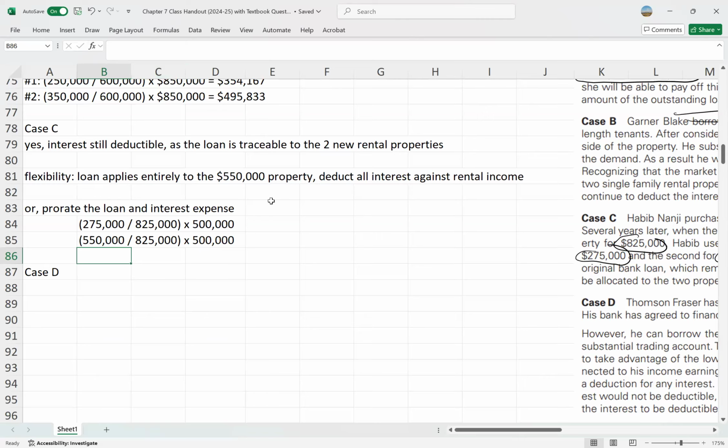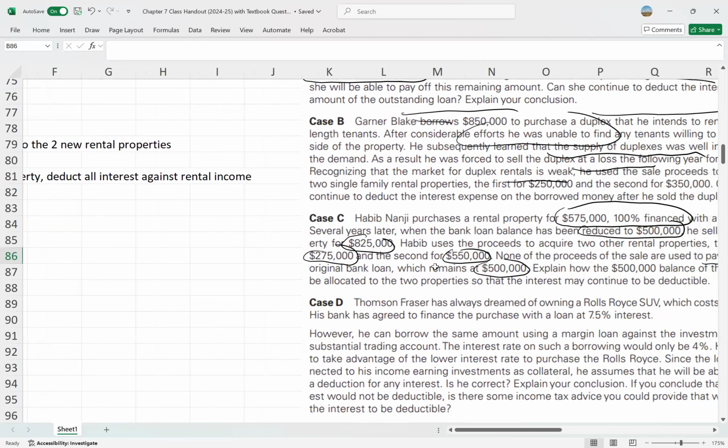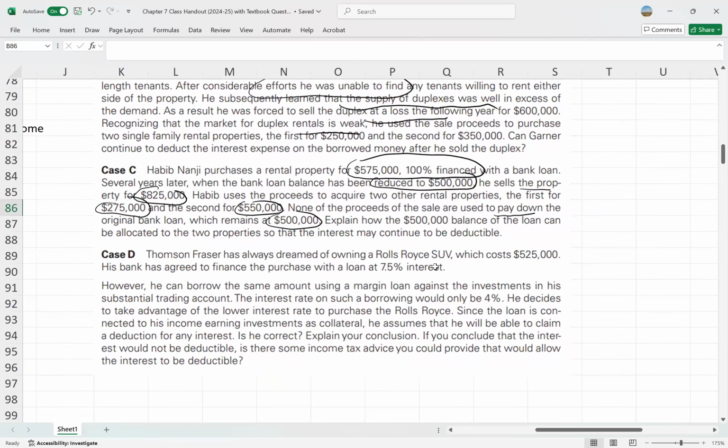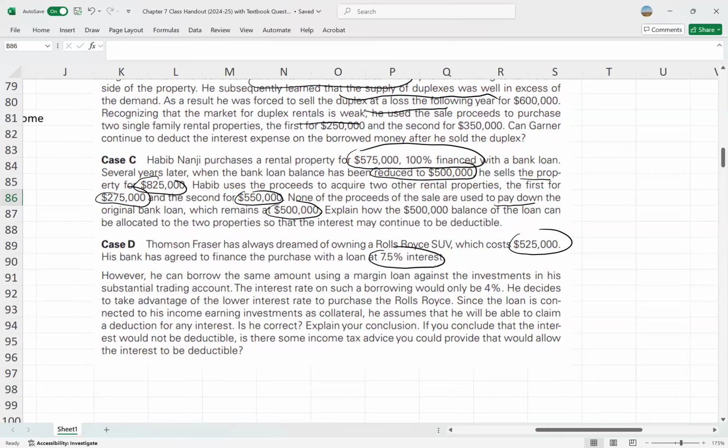And let's look at the last one. The last one's a little bit different scenario. This taxpayer wants to buy a Rolls-Royce SUV, which costs $525,000. His bank has agreed to finance the purchase with a loan at interest of 7.5%. However, he can borrow the same amount using a margin loan against the investments in his trading account.